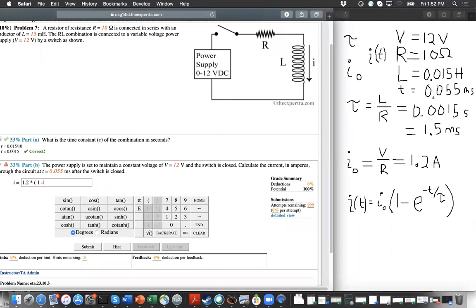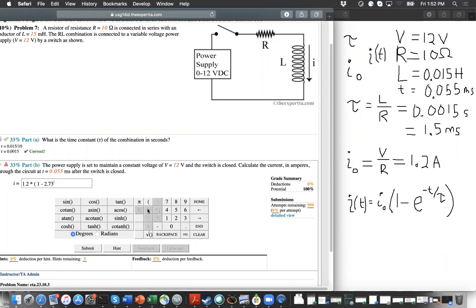You might think, oh, do I have to get a calculator or something? No, you don't. Remember, e is just a number. It's 2.73. That is what e is. People like to write e because it makes all of our equations look prettier. But it's actually 2.73 and a whole bunch of other decimals. Like pi, it's just a number. So all you have to do is replace e with its value, 2.73.